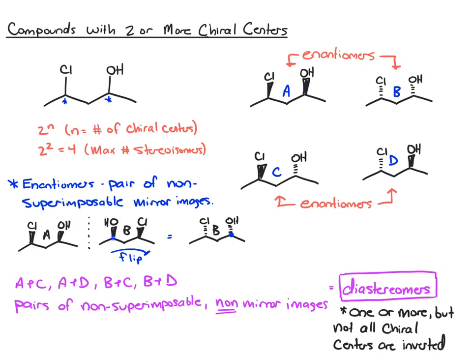So in the pair of enantiomers, all the chiral centers get inverted. But in a pair of diastereomers like A and C, the chiral center with the chlorine stays the same. The chiral center with the OH gets inverted. So in diastereomers, one or more, but importantly not all chiral centers are inverted.